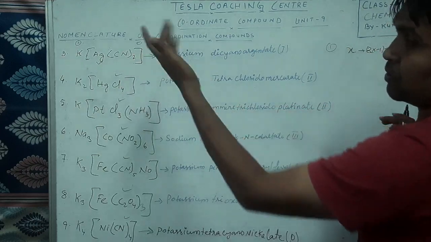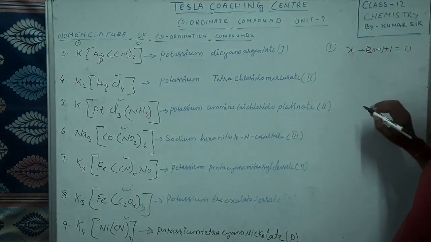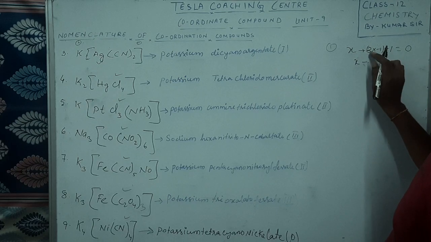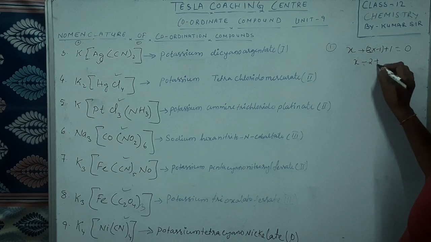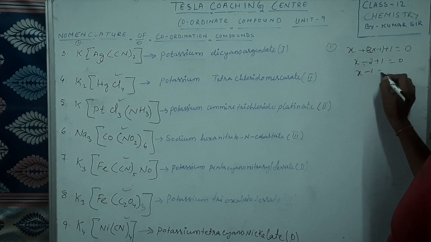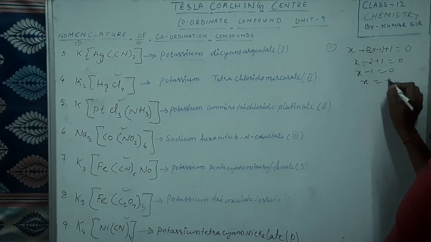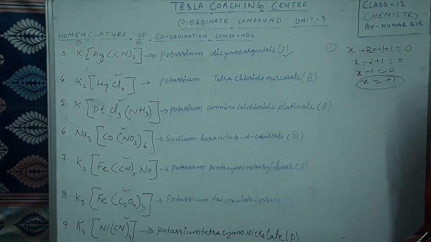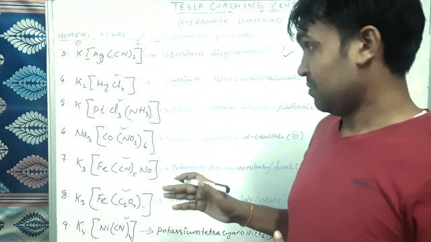So X plus 2 into -1, that is -2, plus 1 equals 0. So X is equal to +1. That means the oxidation number is 1. Okay or not? Now how to name it?